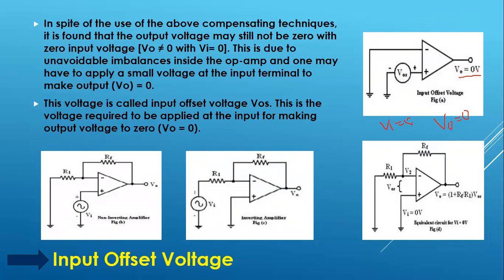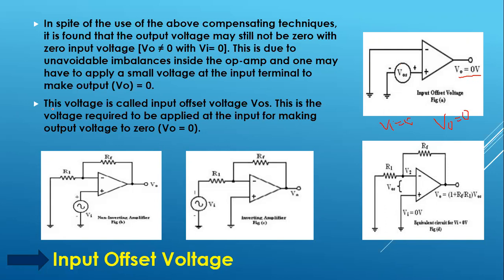But we are not getting the output voltage to be equal to 0. So to keep this output voltage equal to 0, we are maintaining some offset input voltage. If we keep this input offset voltage, then the output will return to 0. So this concept is called what? Input offset voltage.